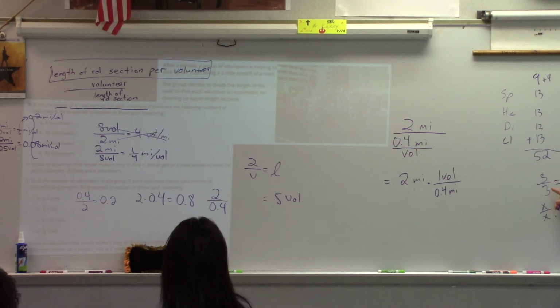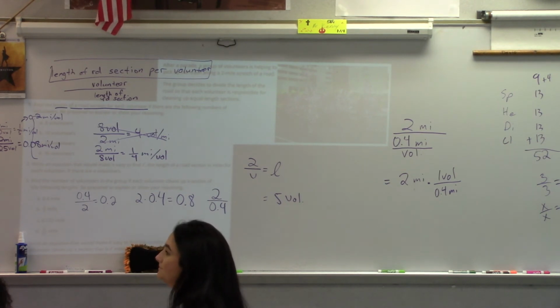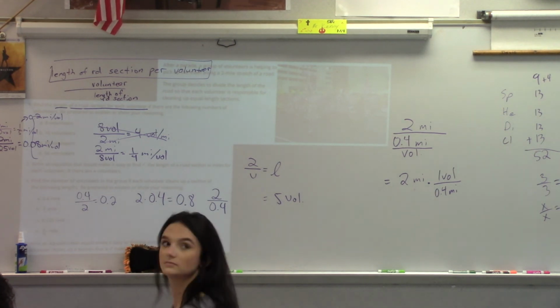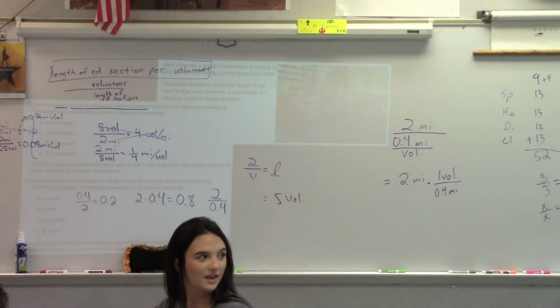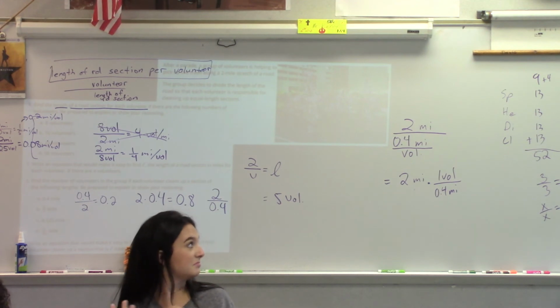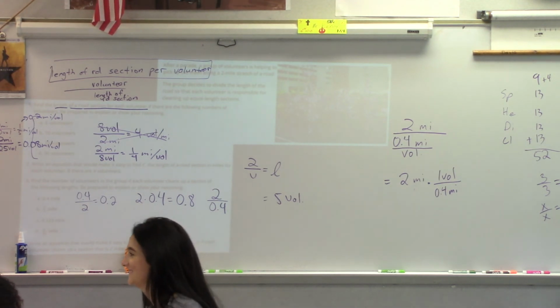What is anything divided by itself? 1. Remember, what would I need to multiply by 1 in order to get x? So x divided by x is equal to 1. If I have miles divided by miles, what is that going to be? One. Anything divided by itself is 1.